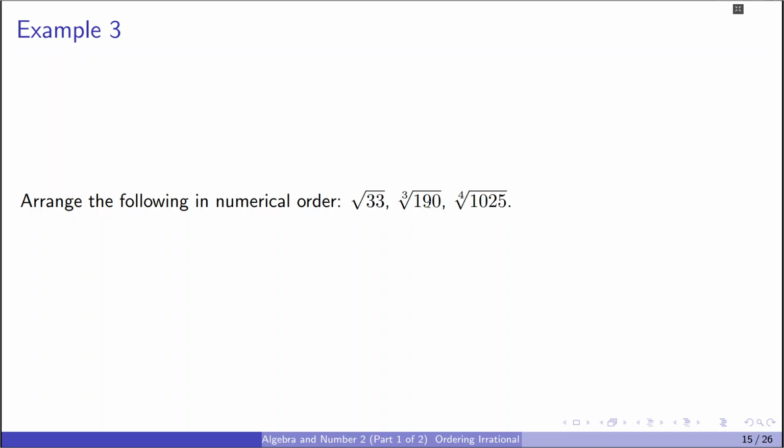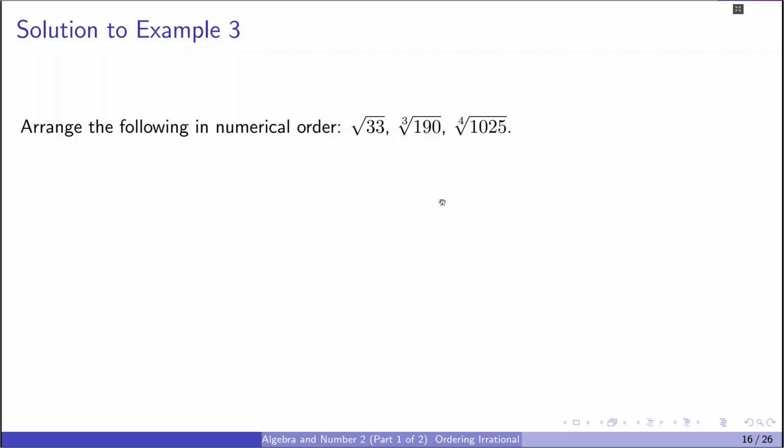With practice, with exposure, you will learn that 5 cubed is 125 and 6 cubed is 216. So these are both between 5 and 6. And the fourth root of 1025 will also be somewhere in this range.